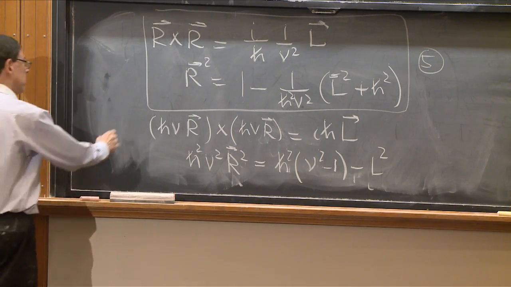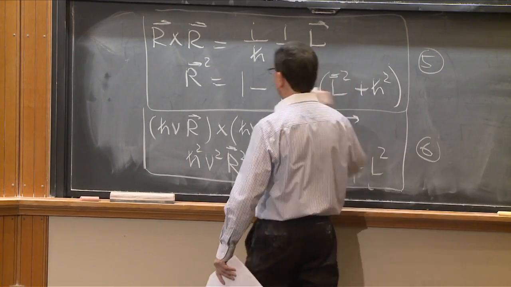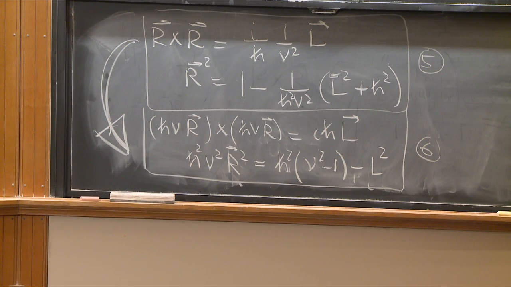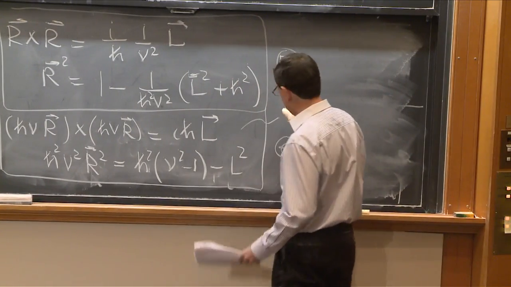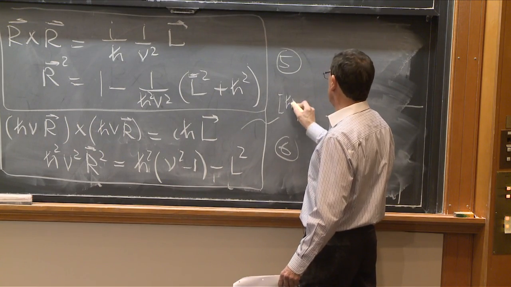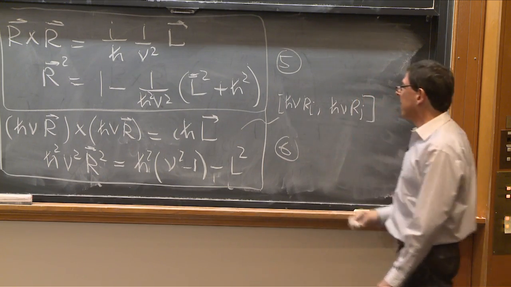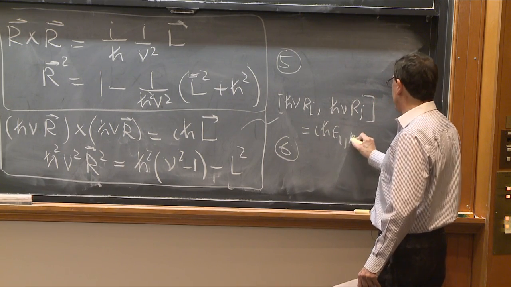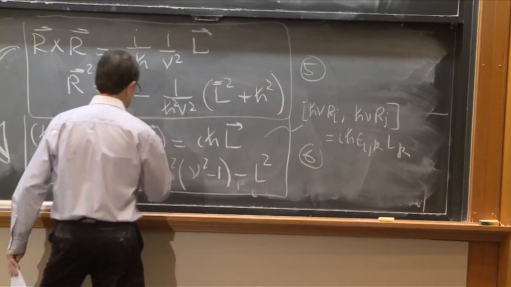So these two equations, 5, have become 6. So 5 and 6 are really the same equations. Nothing much has been done. And if you wish, in terms of commutators, this equation says that the commutator of h nu r_i with h nu r_j is equal to i h bar epsilon_ijk L_k.